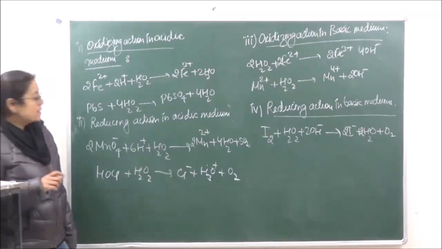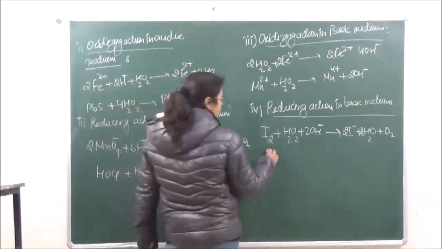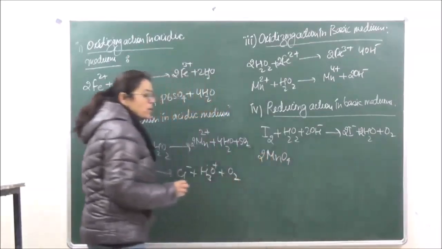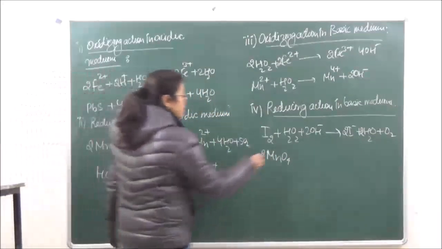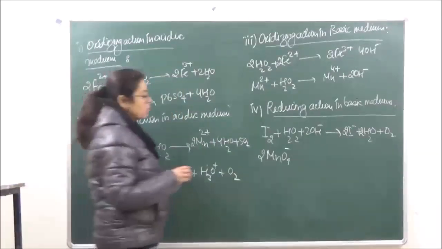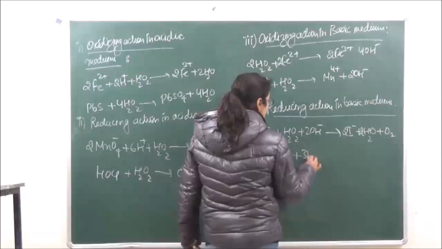In a similar manner, MnO4 negative is converted to MnO2. So we have over here MnO4 negative. The reaction that will take place in presence of a peroxide, hydrogen peroxide.